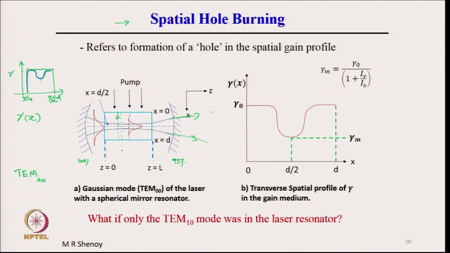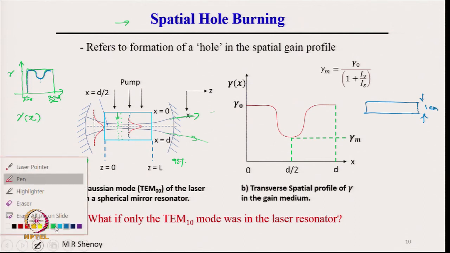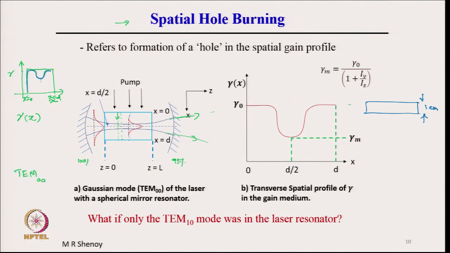For example, if we take an Nd:YAG rod, typically this diameter is about 1 centimeter, and the laser beam which is building up here and coming out has a diameter typically about 0.2 millimeter.